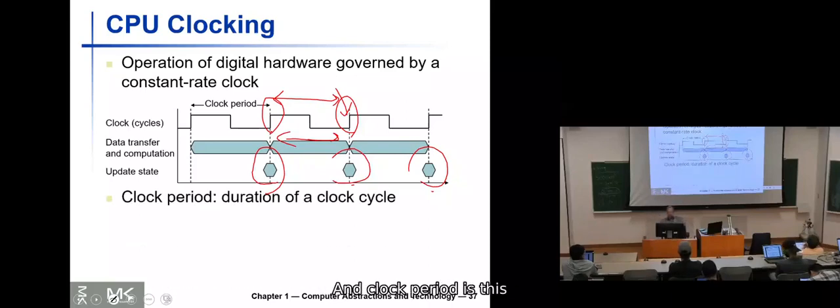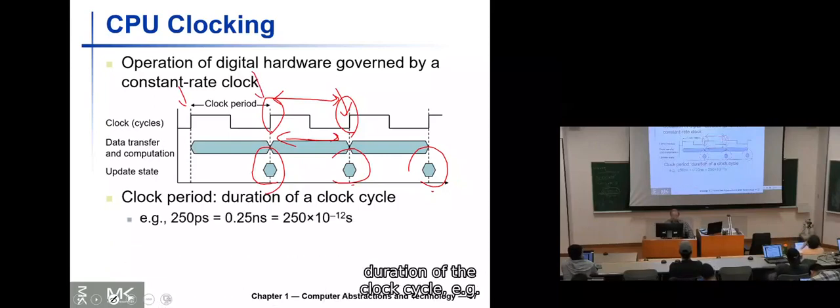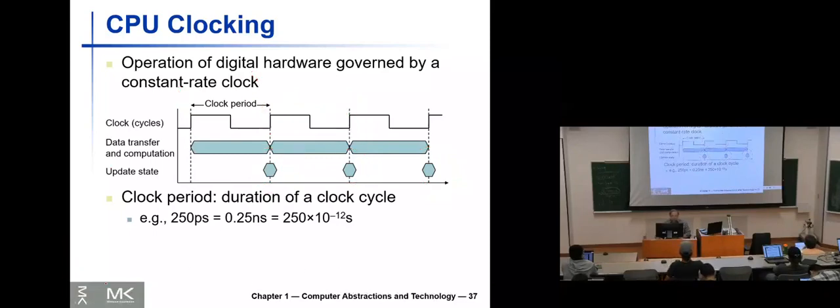Okay. So the first thing we talked about is the clock. The clock period is from one edge to the other edge, and then it repeats. This is the clock period, the duration of the clock cycle. For example, let's say that here we have a clock period of 250 picoseconds, or 0.25 nanosecond, that is 10 to the minus 12.